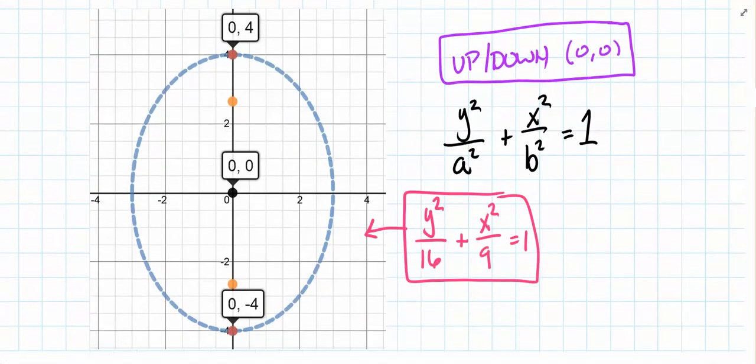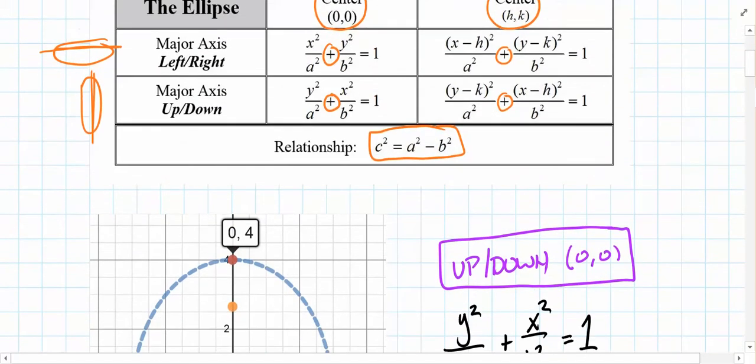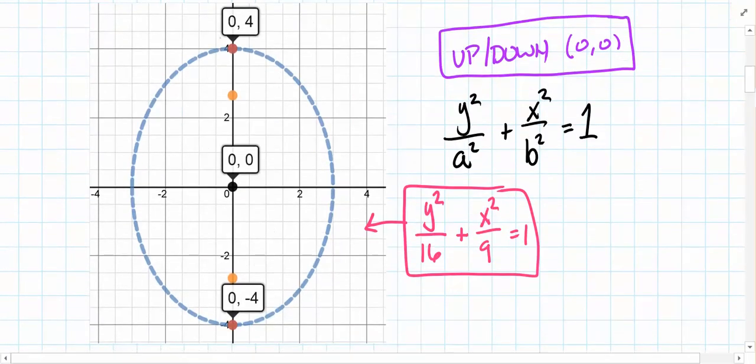Okay, so here is an example of an ellipse that is an up-down ellipse. And the reason this is an up-down ellipse is because it's longer up and down. So the way that we call that is what's known as the major axis. So the major axis goes from here all the way down to here. So this is called the major axis, and I'll write that down for you.